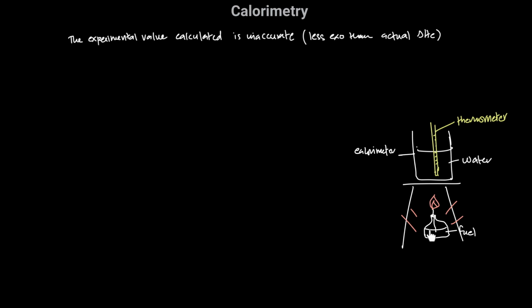So if the fuel is releasing a certain amount of energy, some of that energy is being absorbed by the water, whereas the rest of that energy is being released to the surroundings. So the calculated amount of heat energy is lesser than the actual amount of heat energy that was released, which means that Q should be more positive than what we calculated, which means that the delta H will be more exothermic than what we calculated.